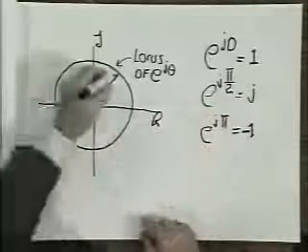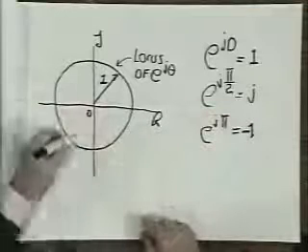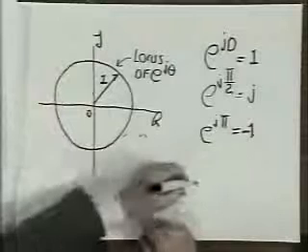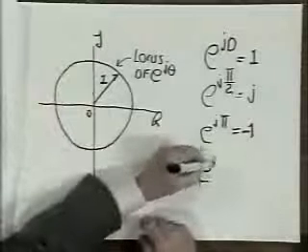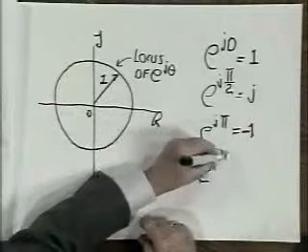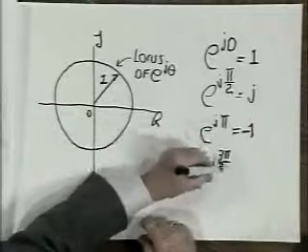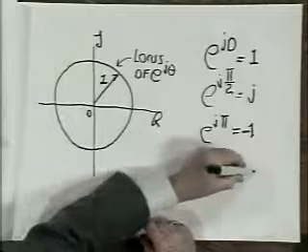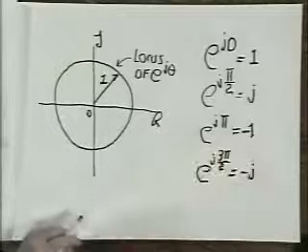And finally, if I come around 270 degrees, 3 pi over 2, e to the j 3 pi over 2 is just equal to minus j.